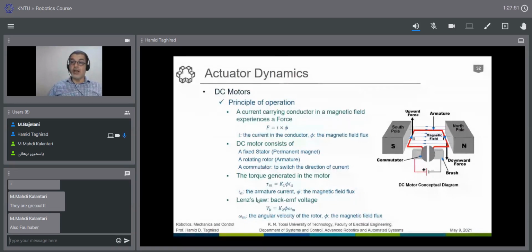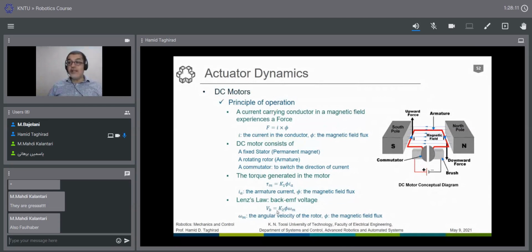And we have Lenz's law, which gives the back EMF voltage: when we have a voltage and a current coming through here, there is always a negative voltage, which we call the back EMF voltage, because of Lenz's law.